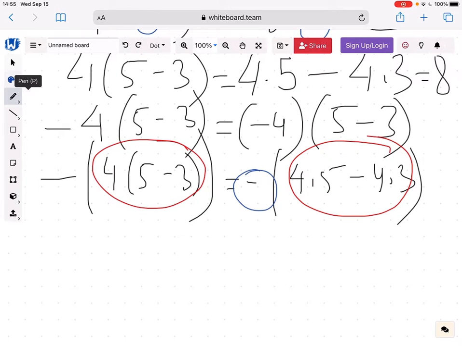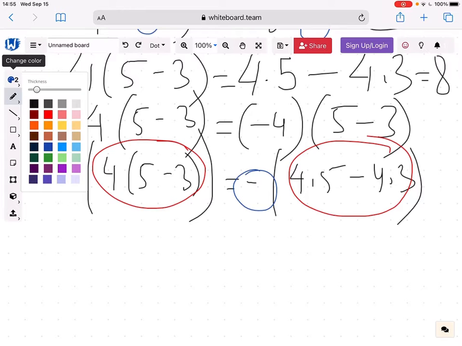We need to remember how we deal with minus. If you have minus in front of parentheses, whatever is within the parentheses changes sign. Whatever had plus is going to have minus, and whatever had minus is going to have plus.